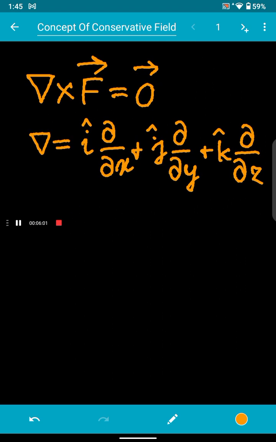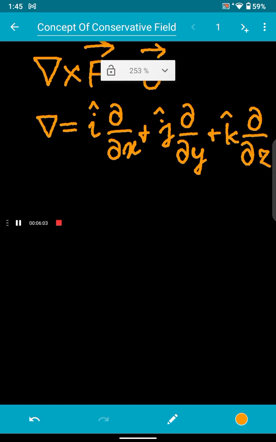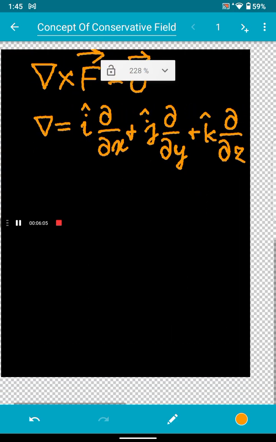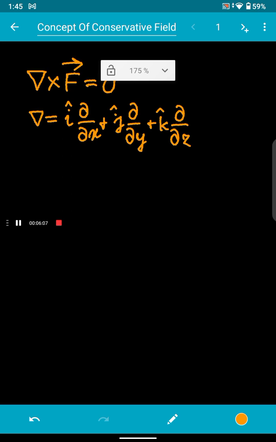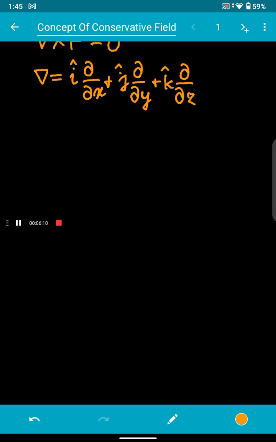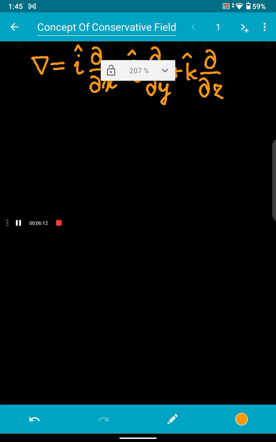Now we can do operations using this operator, and this operation is basically a cross product. If we work this cross product out, let's write it using the determinant form.